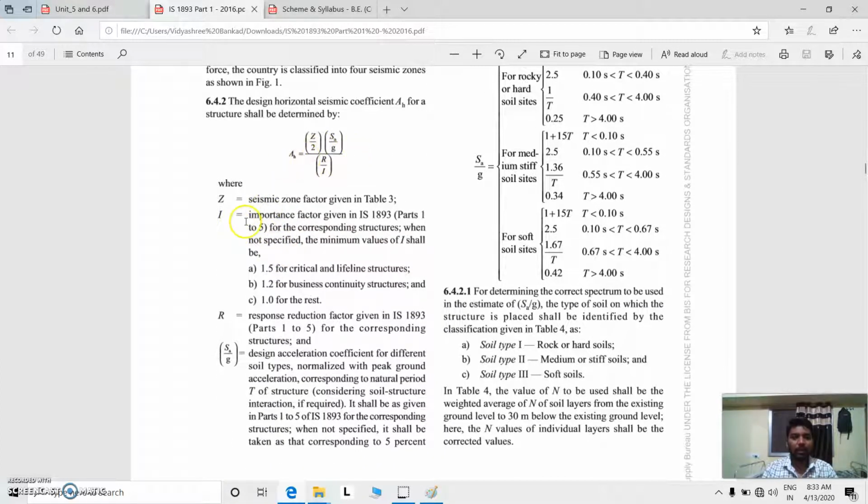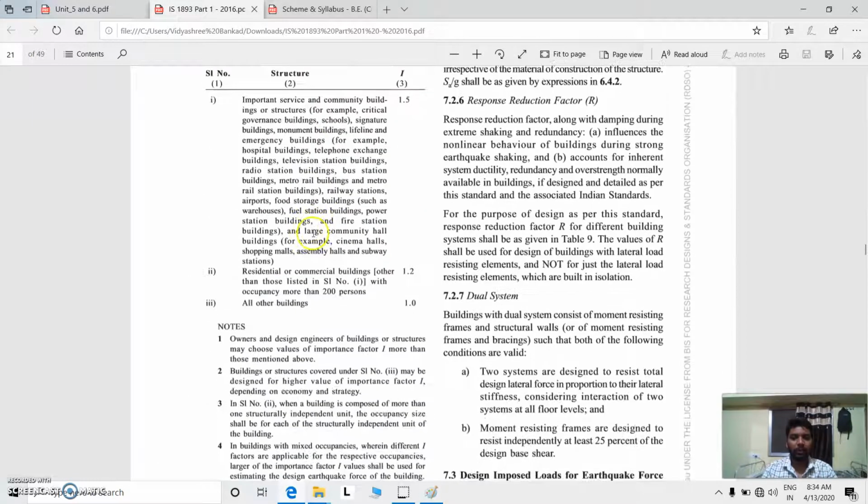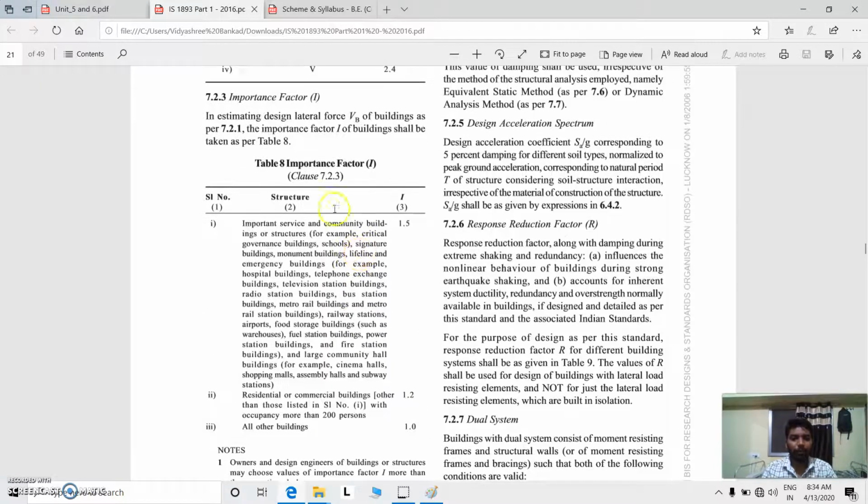In this formula, I is the importance factor that is given for the structure. That is 1.5 for critical and lifeline structures, 1.2 for business continuity structures, and 1 for the remaining structures which are not listed in A and B. We have already discussed these importance factors for the structures, right? Let us see once again on page number 19. On page number 19 we have the importance factor, table number 8.